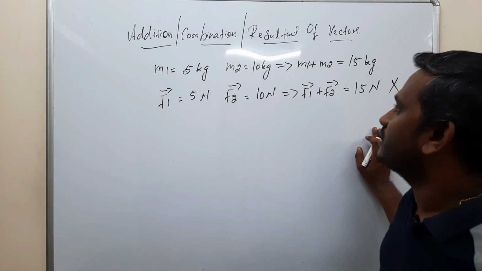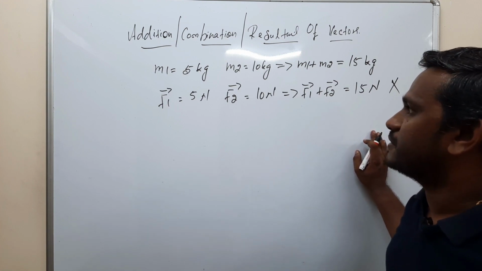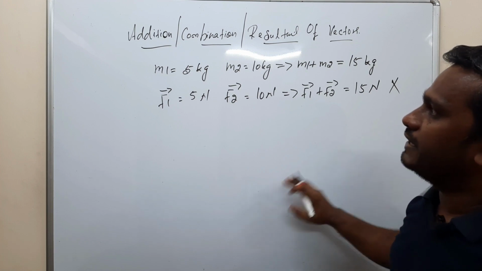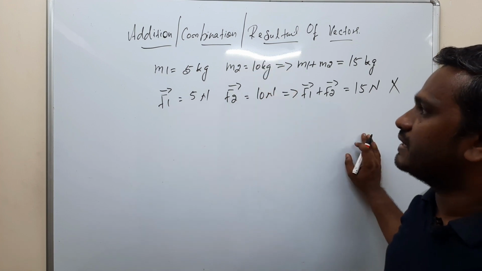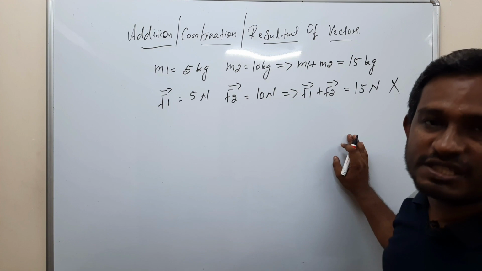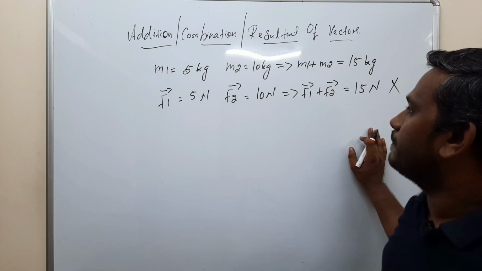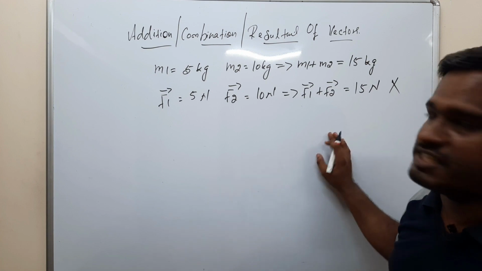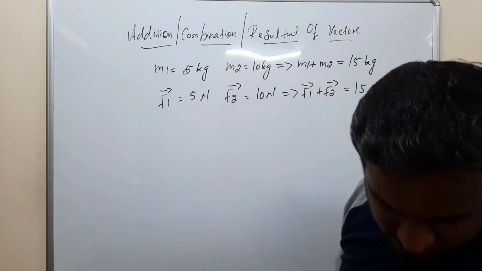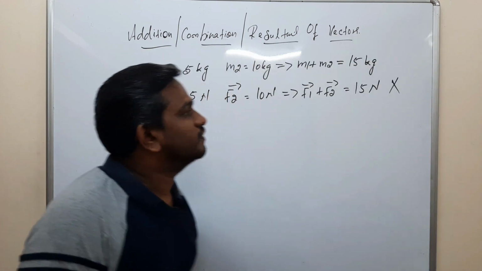That is the definition of the resultant of vectors. The process of finding the resultant of two or more vectors is called combination of vectors.